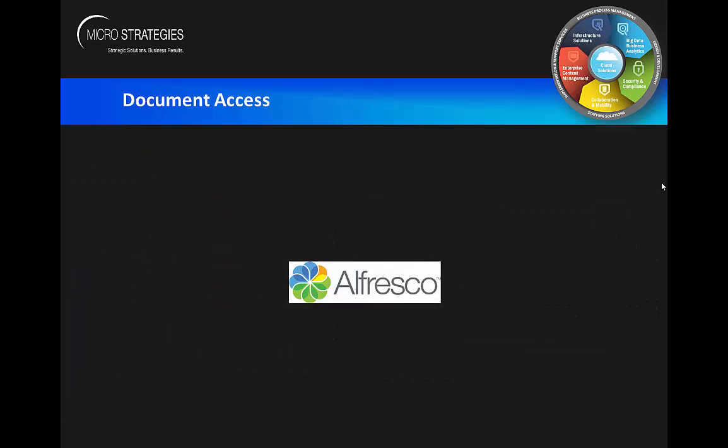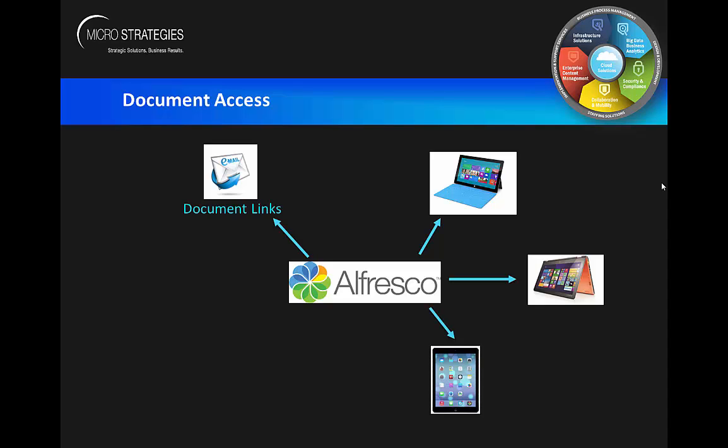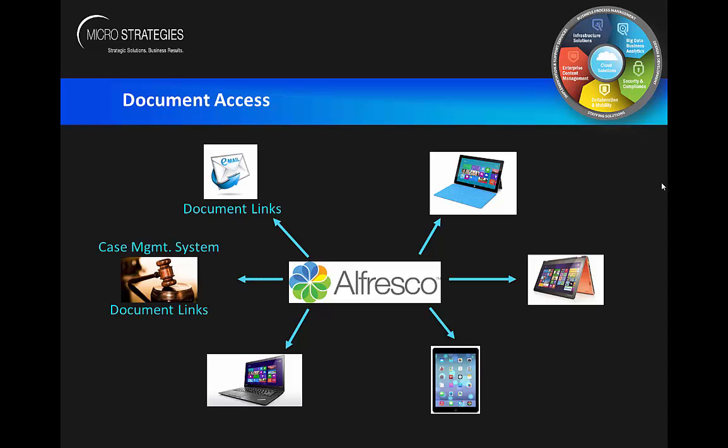Document access. Accessing the Alfresco repository for the documents, you can have the emails. Remember we talked about emails earlier coming in with the links inside the emails? You can click on a link, and that'll open up a document. From your Surface, you'll be able to open up the documents. From a tablet, iPad, if you will, you're able to open up those documents. From your desktop or laptop computer, you can access the documents, as well as from the case management system.